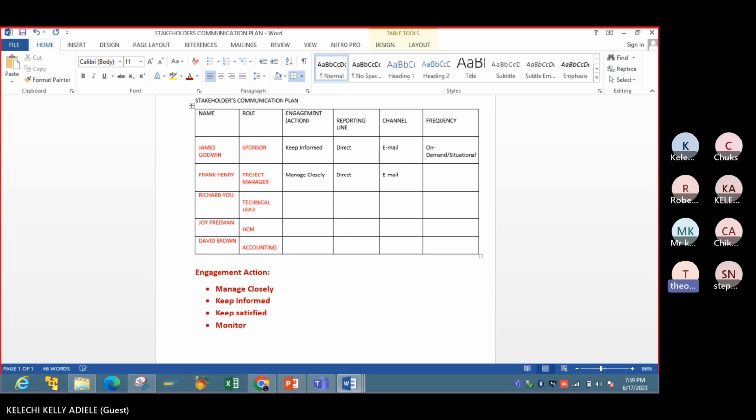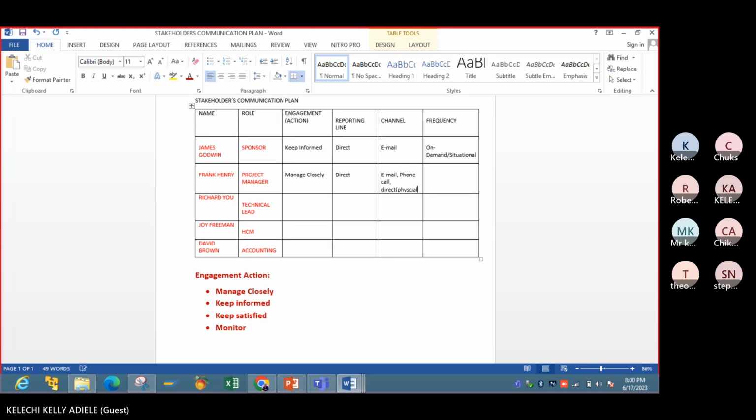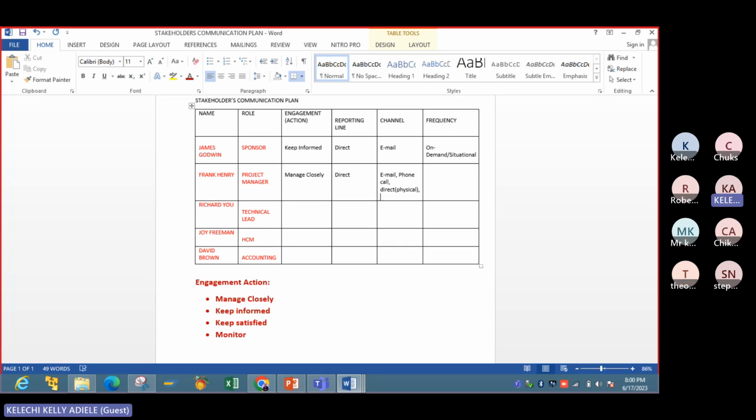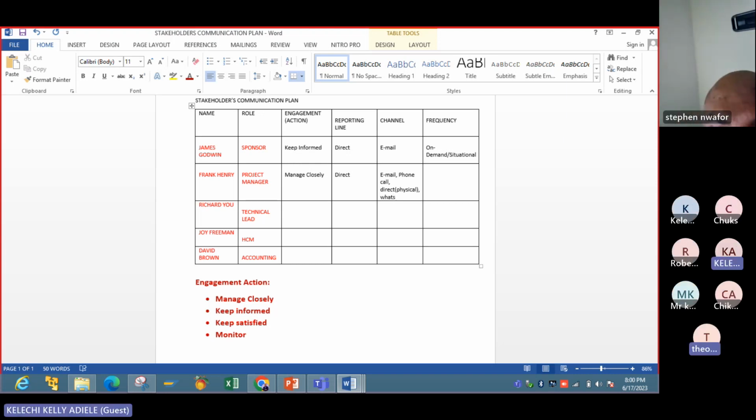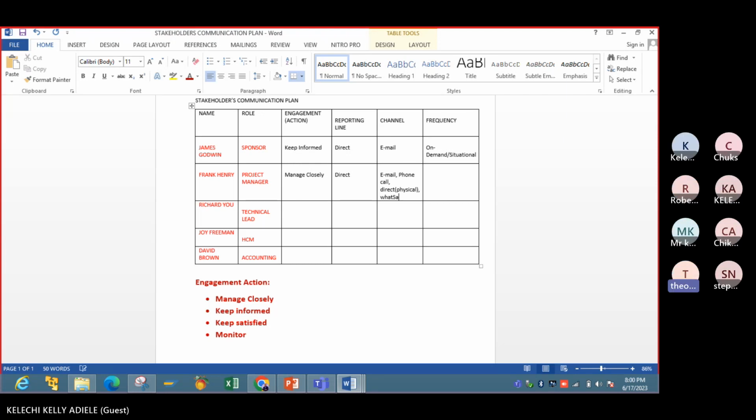What other official communication? Personal checking. I don't want to say WhatsApp. Direct, I think text messaging, phone. Okay, phone call and WhatsApp, text messaging, and WhatsApp message.